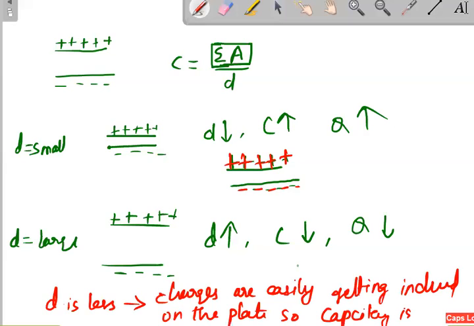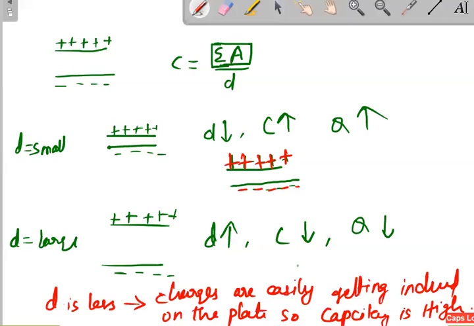Our aim is charge. We have to somehow increase the charge value. The more easily you accept the charge, the more capacitance you have. This is the basics of the capacitance with respect to dimensions.